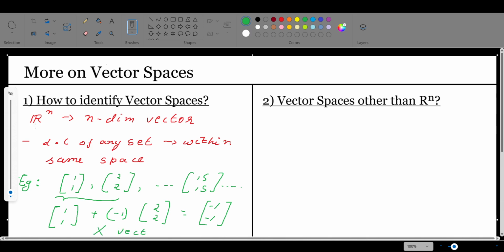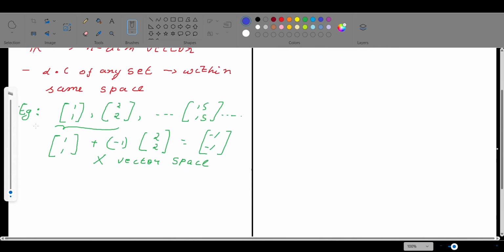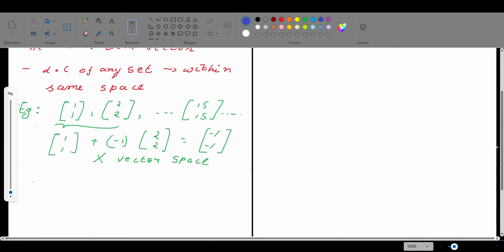So as soon as you find even a single linear combination, or you could even multiply a single vector with any scalar and check if that resultant vector is within the same space. For example, 0.5 times 1, 1 would give you 0.5, 0.5, right? Let me write that down for you so that you understand it better. So let's say I just took 1, 1, okay, and I said 0.5 times 1, 1.